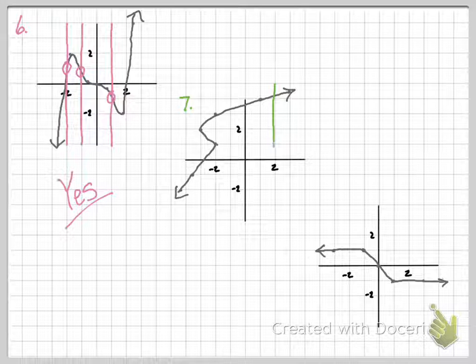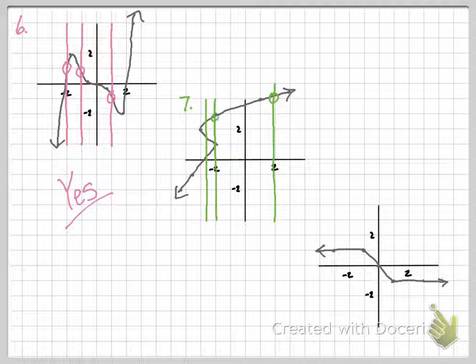Number 7. We draw 3 lines. Now, we can see that the first line I drew crossed in one spot.